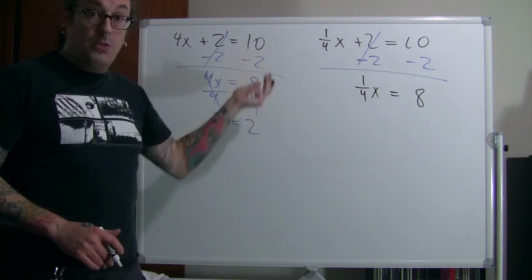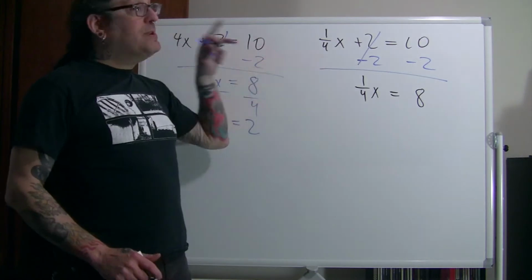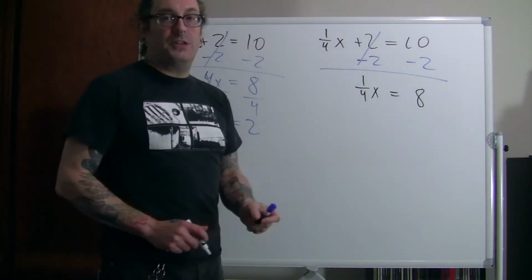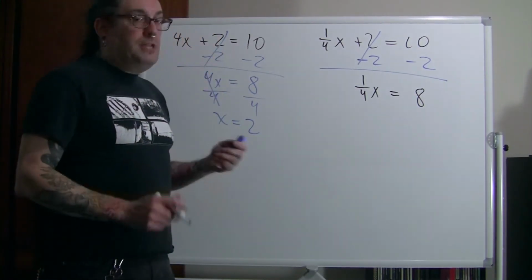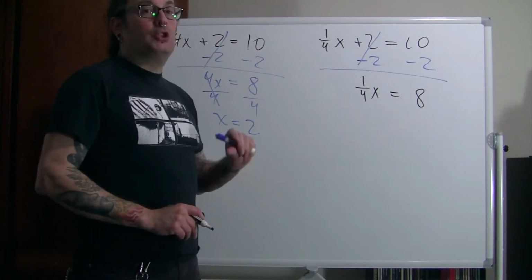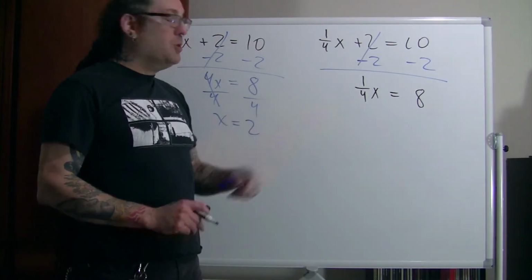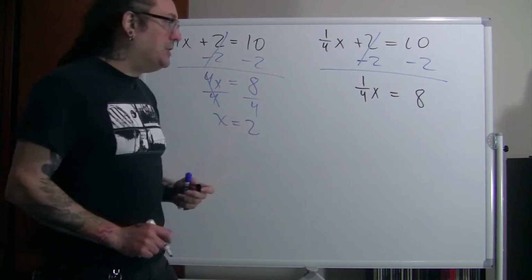We just saw another way of being correct. When you have a fraction that's multiplying here, multiply by the reciprocal of the fraction. Man, reciprocal is a weird word the first 25 times you hear it, right? But reciprocal just means take the fraction and turn it over, like flip it over. So what's on the bottom goes on the top, and what's on the top goes on the bottom. Multiply both sides by the reciprocal of the fraction.